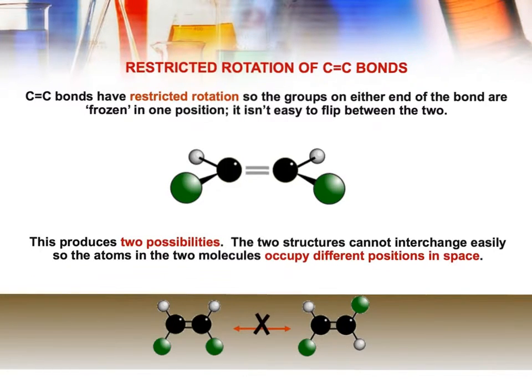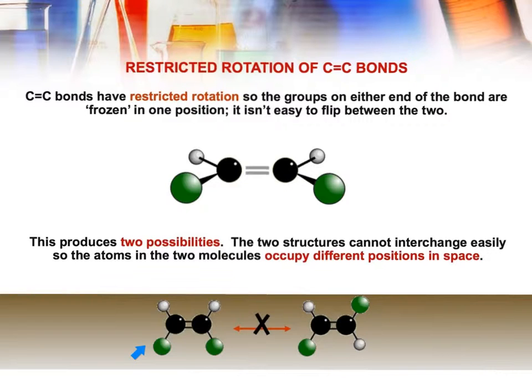Again, the reason for our cis-trans setup is because the carbon double bonded to the carbon has a restricted rotation, so the groups on either side of the bond are frozen in position, and that means that these carbons are not able to flip and rotate up and change positions. So this produces two possibilities.